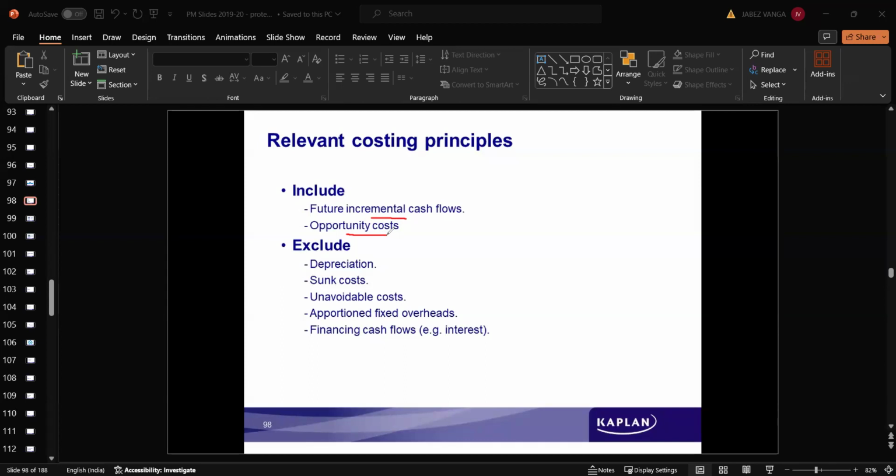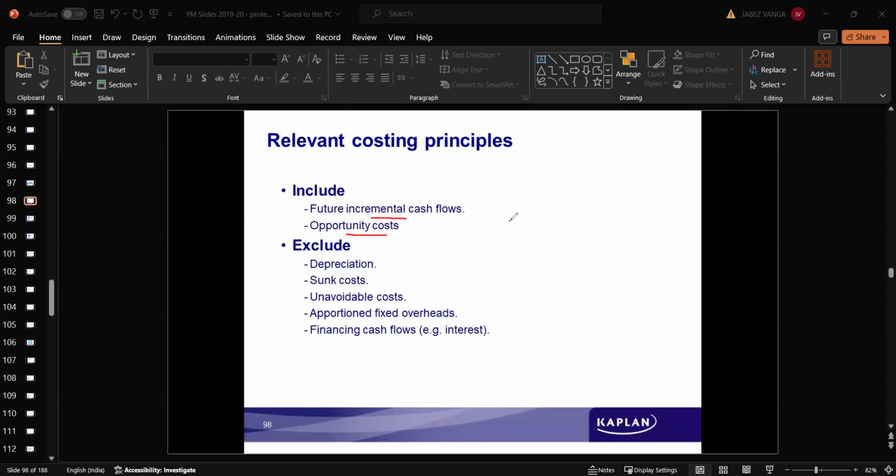Among the other alternatives, there would be one alternative which is the next best. So any benefit associated with the next best alternative will have to be foregone. The benefit foregone with the next best alternative because the best alternative is selected will be opportunity cost. That also has to be included.